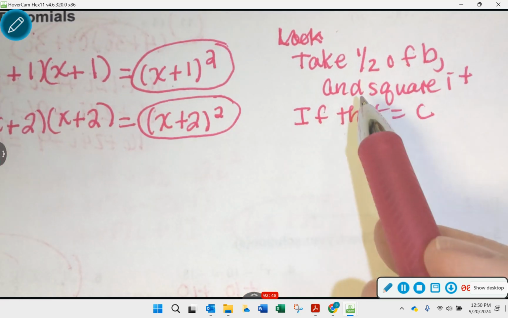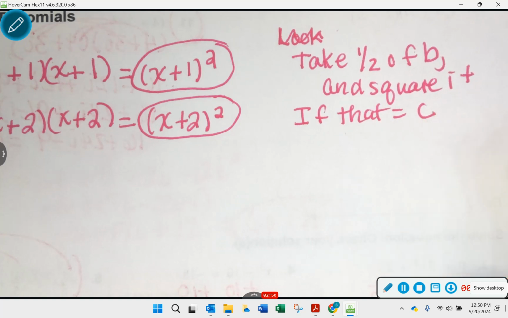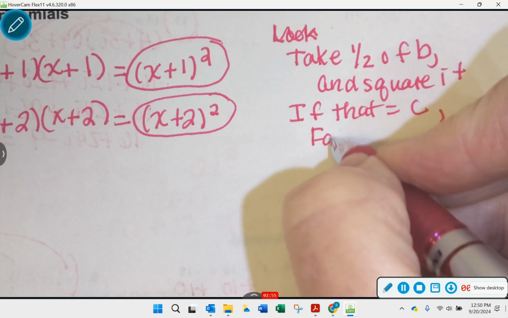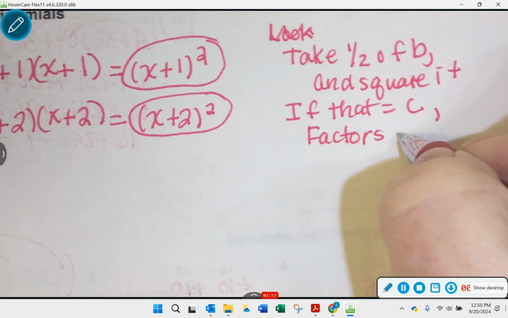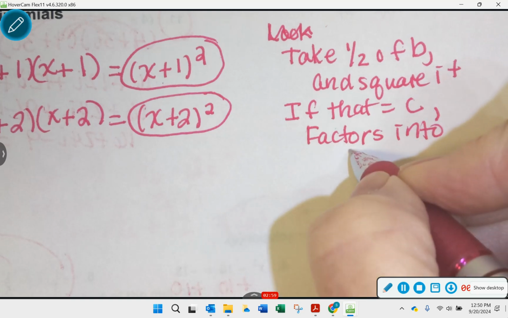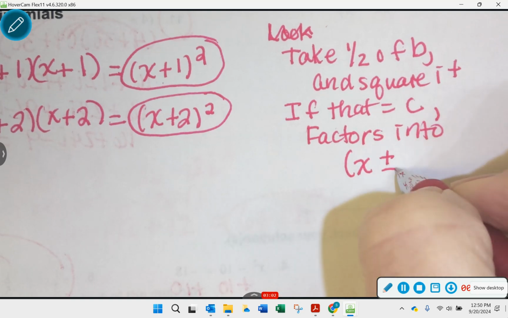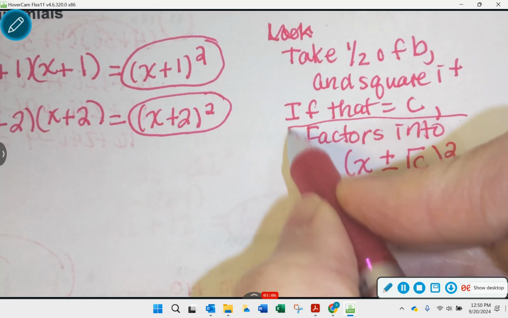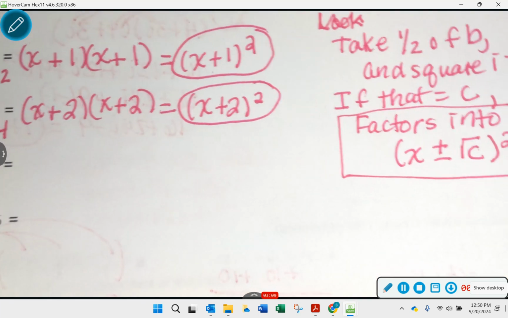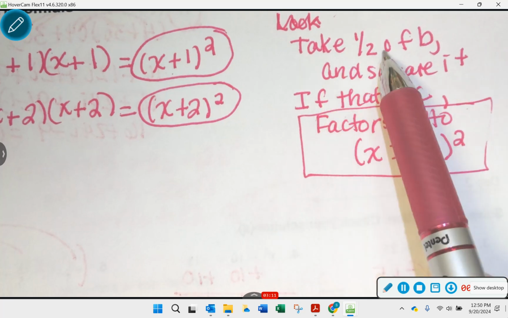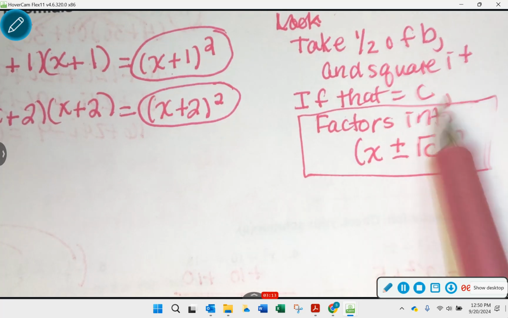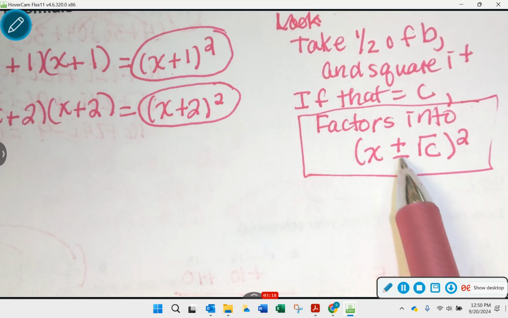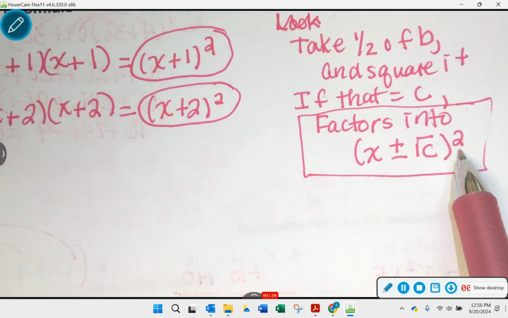So if half of B squared is equal to C, then it's going to factor into x plus or minus the square root of C quantity squared. All right. So if I can take half of B and square it, and that equals C, then that trinomial is going to factor down into x plus or minus the square root of C quantity squared.